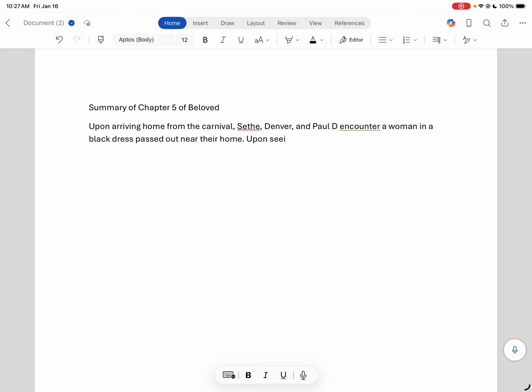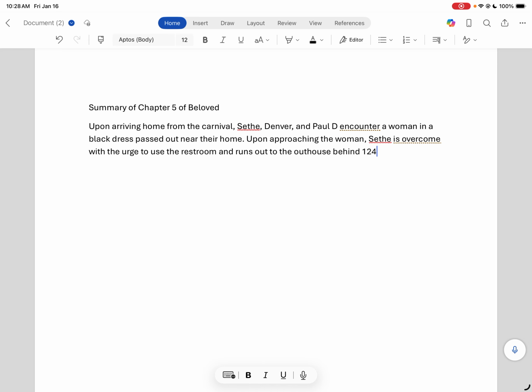Upon approaching the woman, Sethe is overcome with the urge to use the restroom and runs out to the outhouse behind 124. 124 Bluestone Road is the address of their house.